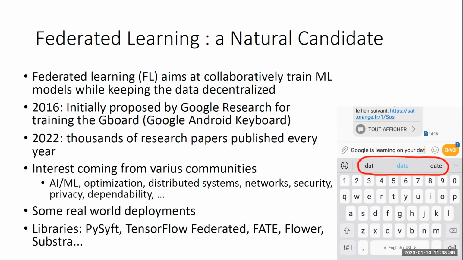But it was made popular in 2016 by Google researchers who developed the Google Android keyboard application, in which they deployed machine learning algorithms on edge clients, like on end users' devices, to train the next word prediction algorithm, right?